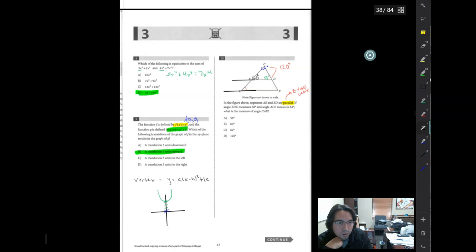If I know the supplementals, that means this is 60 degrees. So then this has to be 120 degrees. This is an inside angle of the z. You see the z that we have here. So that means this has to be 120 because that's the outside. Therefore, this has to be 60. And I can see that my answer choice is B.